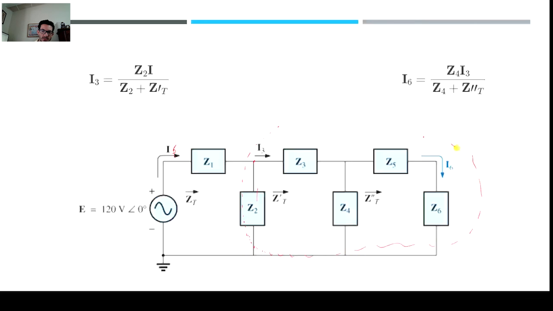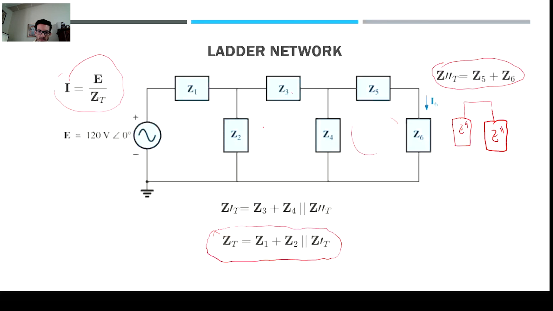Right? Because if you remember, Z prime total is right here, and is this part right here in series, and then in parallel with Z4, and then in series with Z3. So all this part right here is the network configuration for Z prime total.